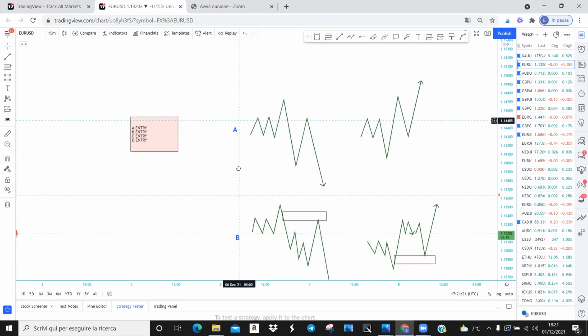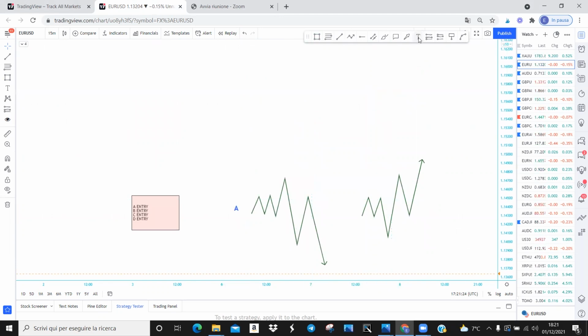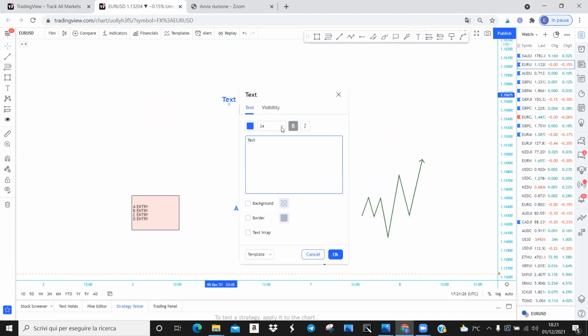Before actually starting, I want to give you a general rule. Of course, it is not 100% of the times like this, but most of the times. If we are at a 4-hour order block, we use the 15 or 10 minutes chart for confirmation.